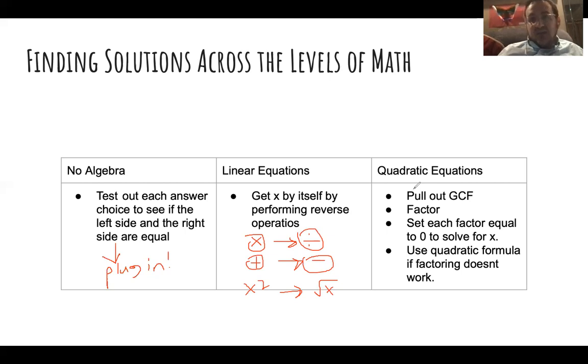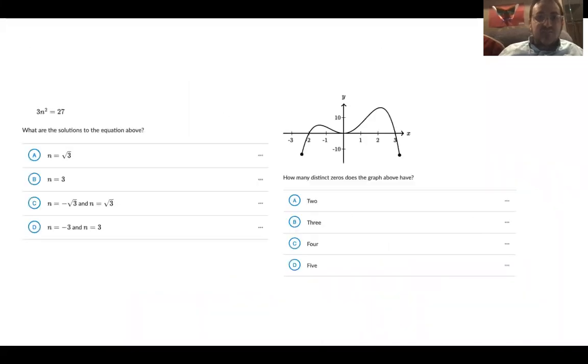And then at the quadratic Algebra 2 level, we want to be looking at pulling out GCFs, factoring, setting each factor equal to 0, or using the quadratic formula if that does not work. So let's take a look at some sample SAT problems. I like this first one because there are multiple ways you could do this.